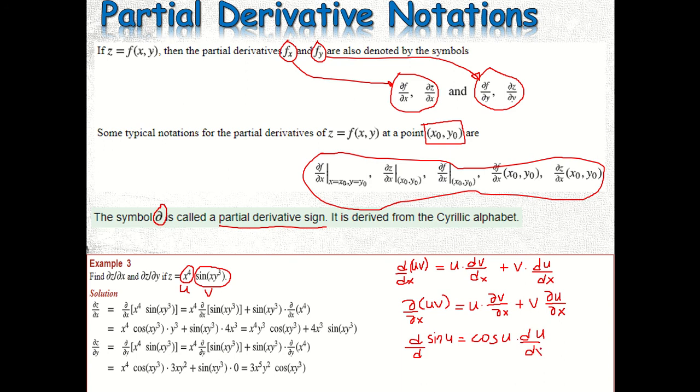Okay. Now we are using the partial derivative, so you use here the partial derivative of sine u with respect to x is equal to cosine u times the partial derivative of u with respect to x.